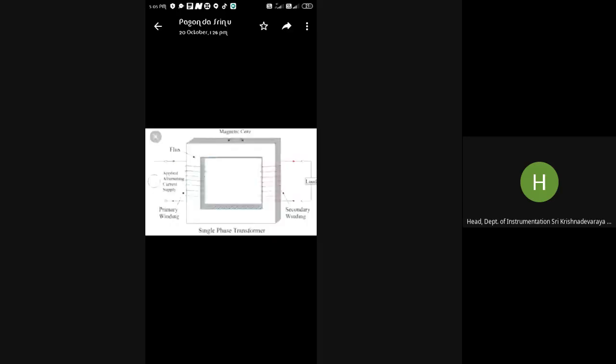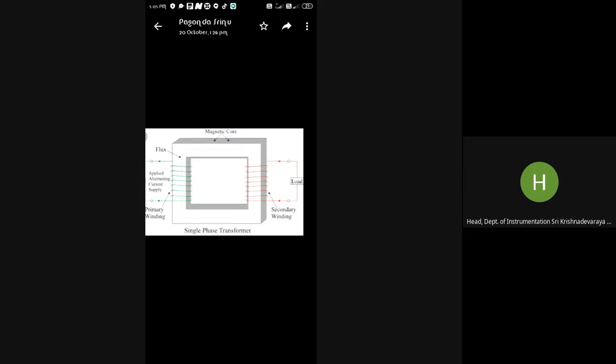And another one is the single phase transformer. A single phase transformer is a type of power transformer that utilizes single phase alternating current, meaning the transformer relies on a voltage cycle that operates in a unified time phase. And another one is the three phase transformer.